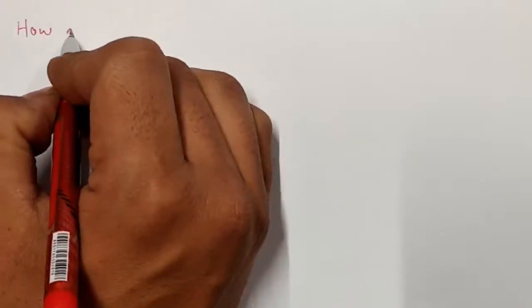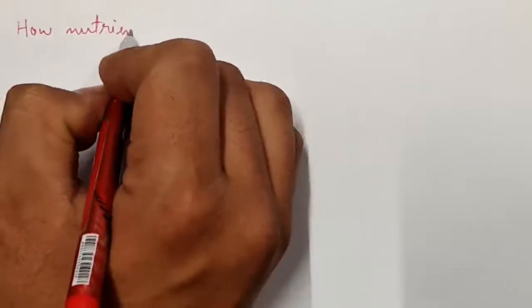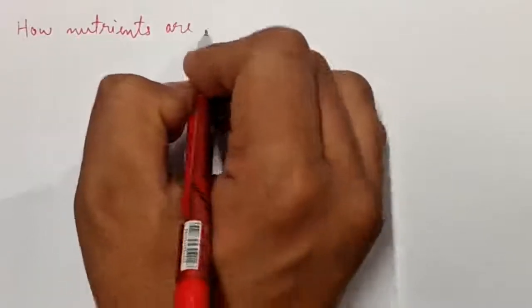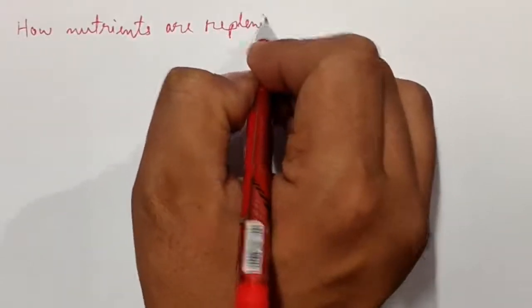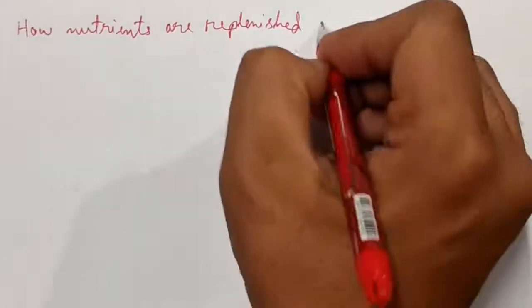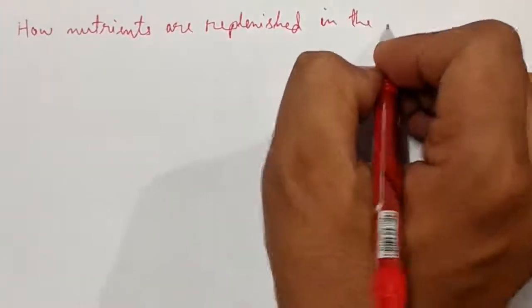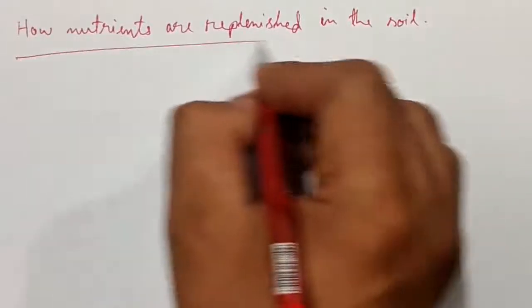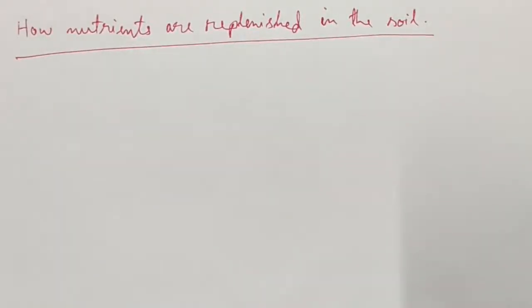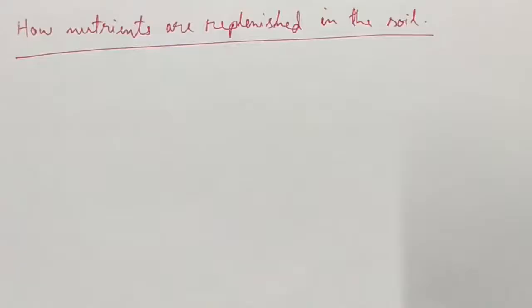Let's see the next topic, how nutrients are replenished in the soil. We already know that plants absorb minerals and nutrients from the soil, so the amount of minerals and nutrients keeps decreasing.